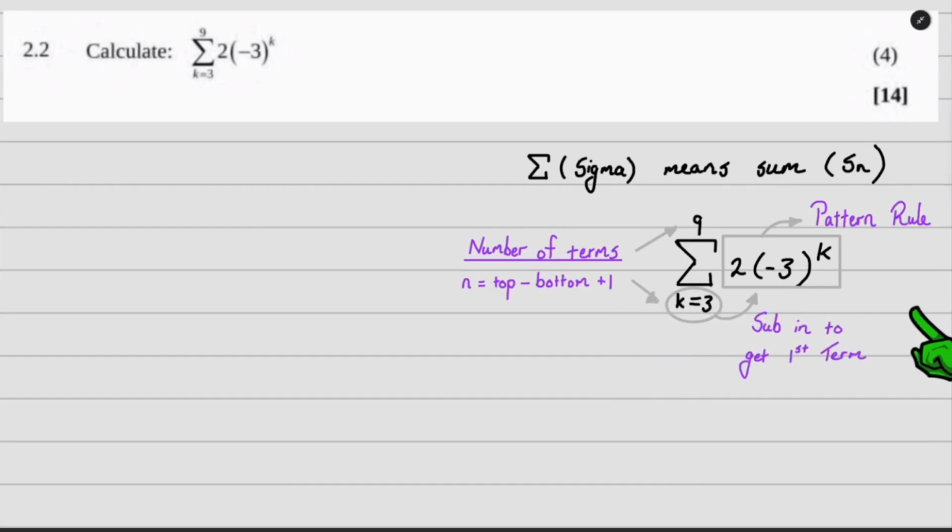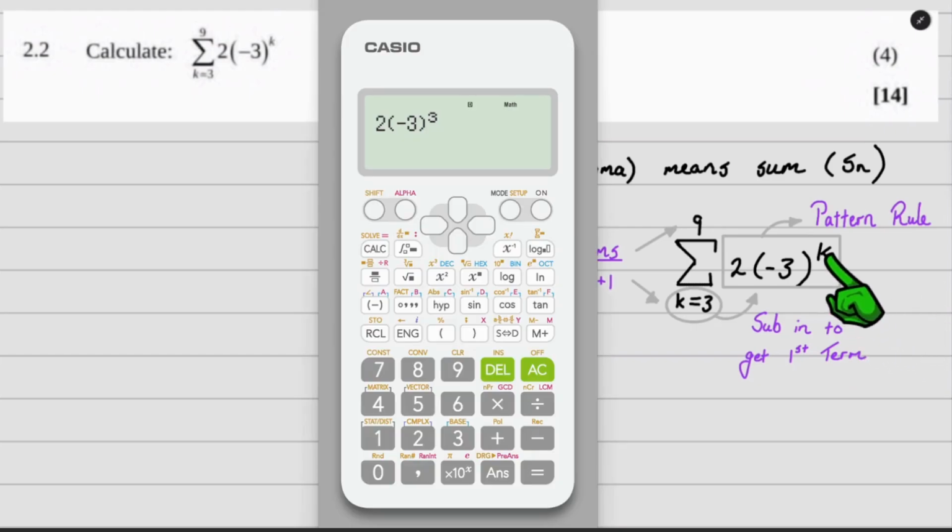So I'm going to get the first 3 terms so I can see what my pattern actually is. So I just bust out my calculator and I'm going to sub in this number into there, and it's going to pop out my first term. So instead of a k, I just put a 3 like this, and I press equals, and my first term is minus 54.